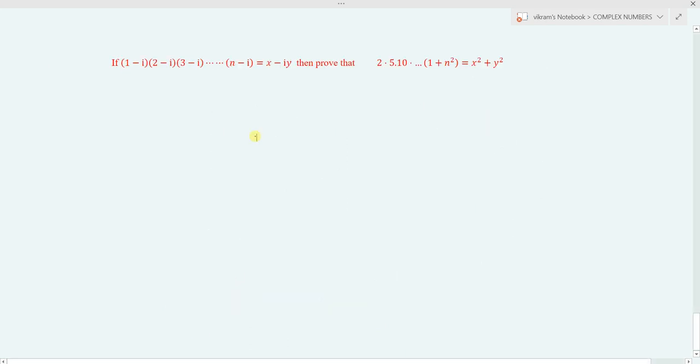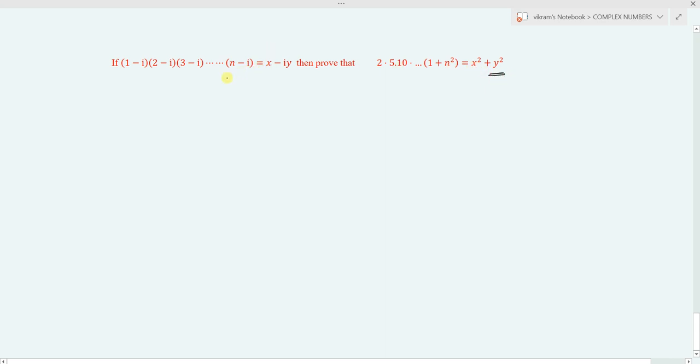The question is, if 1 minus i into 2 minus i into 3 minus i and so on up to n minus i equals x minus iy, then prove that 2 into 5 into 10 and so on into 1 plus n square equals x square plus y square.